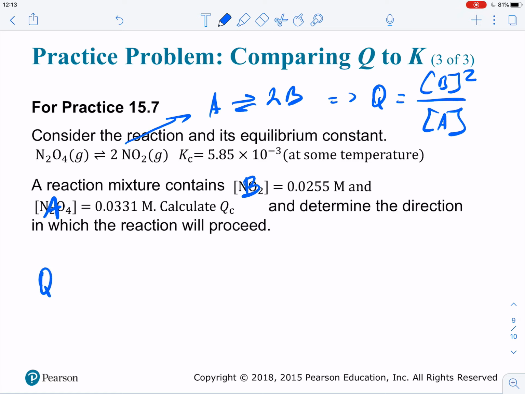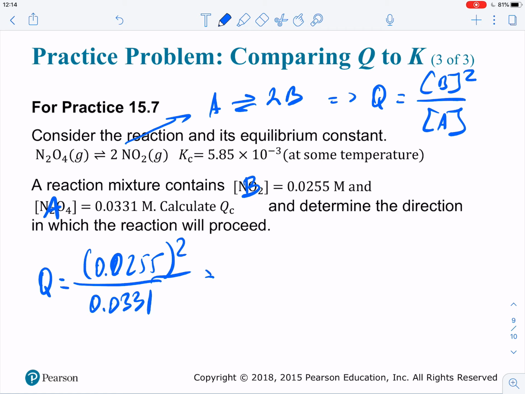So Q is going to be equal to B squared, 0.0255 squared, divided by 0.0331. And in this case, we have 0.0255 squared divided by 0.0331.